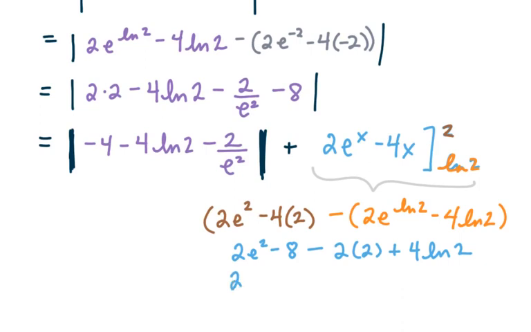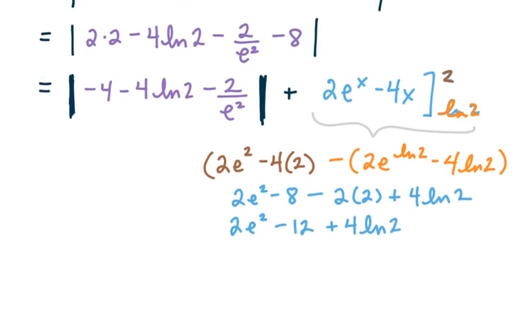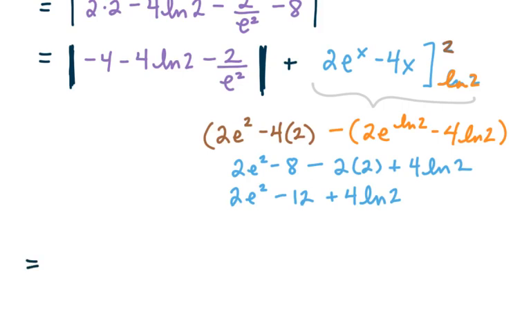So this becomes 2e squared, negative 8 minus 2 is minus 10... I mean minus 12 plus 4 natural log of 2. So it looks really messy, but what I have here, I'll factor a negative 1 out of the first piece, and that's going to turn that positive. So I have 4 plus 4 natural log of 2 plus 2 over e squared.